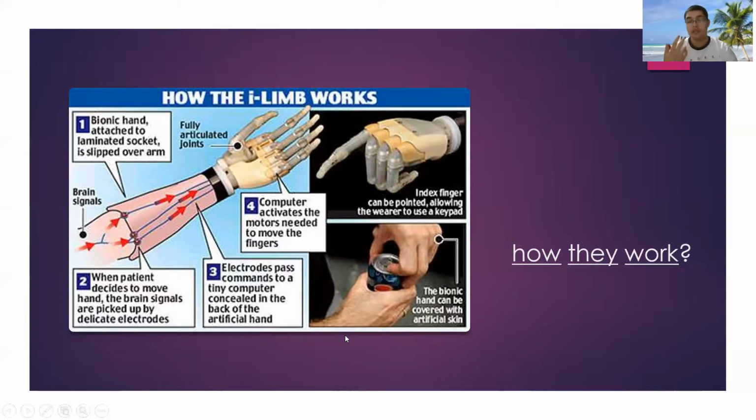The first thing that I need to have a movement in my hand is an idea. For example, with this photo, I need to open this Pepsi. So the brain sends brain signals in my arm.